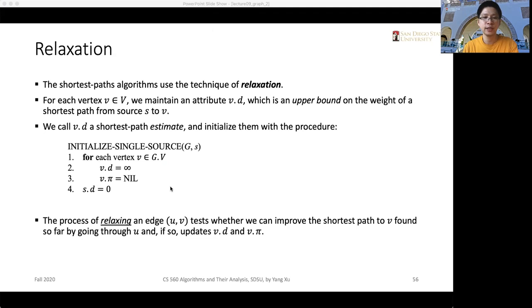If we want to relax an edge from U to V, what we are doing here is testing whether we can improve the shortest path to V by going through U. First of all, a shortest path to V is from S to V. Our S is always predefined because this is a single source.